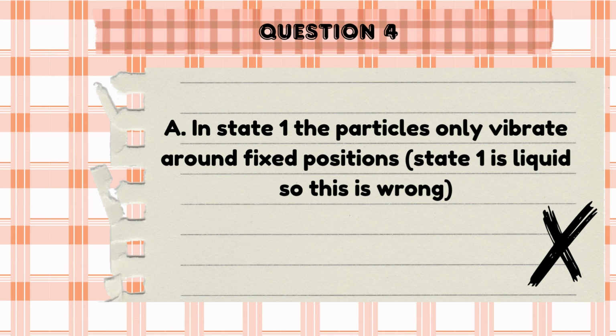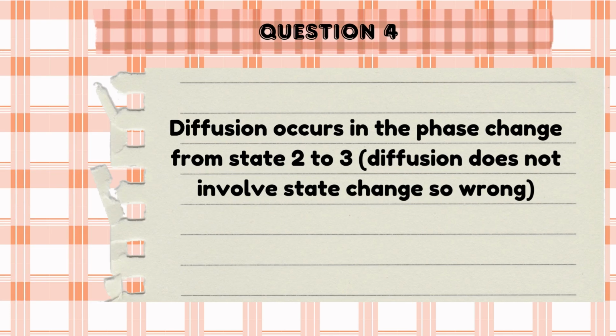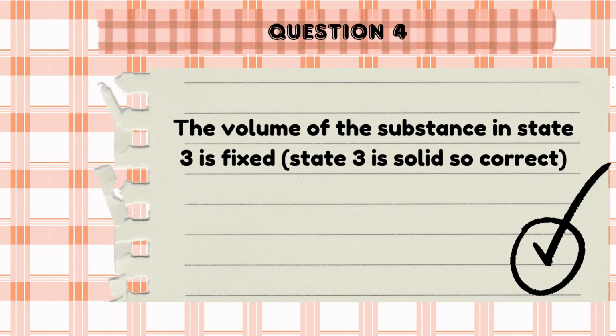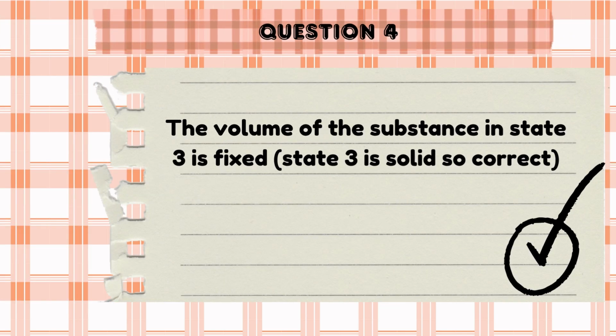So A is wrong. B says that diffusion occurs in the phase change from state 2 to 3. Diffusion does not involve state change, so this is also incorrect. We can eliminate B. C states that the volume of the substance in state 3 is fixed. State 3 is solid, so this is correct.